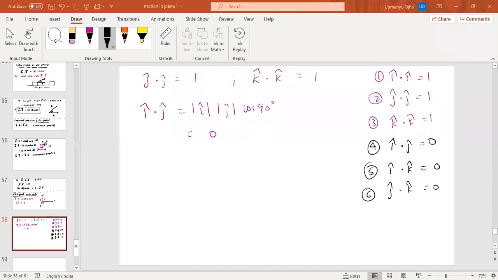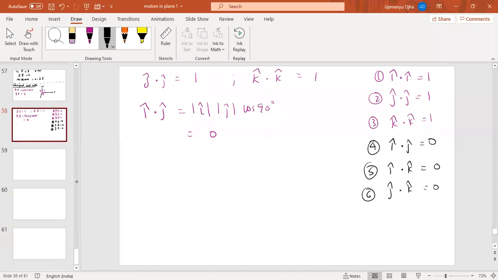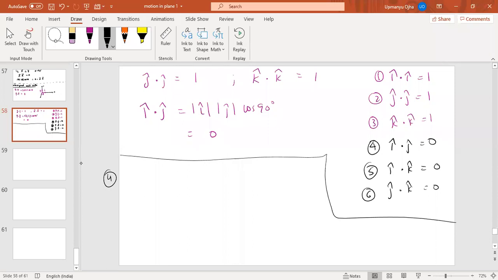Now, next, what is the value of a vector dot a vector? Can you get the answer for this? What is the value of a dot a? A square, very good.